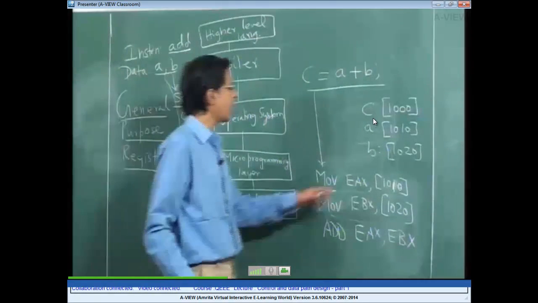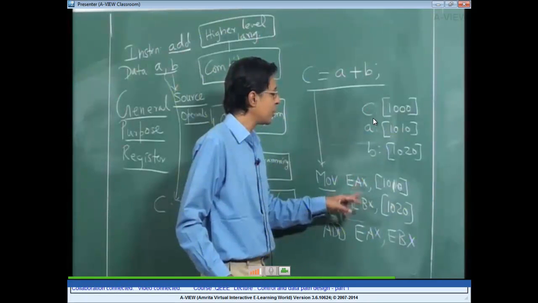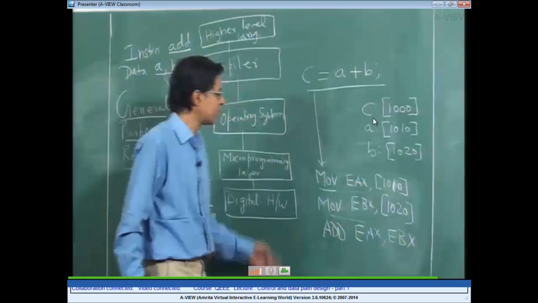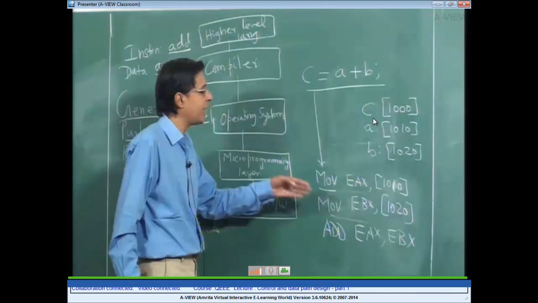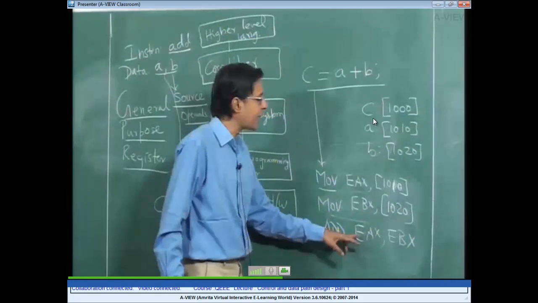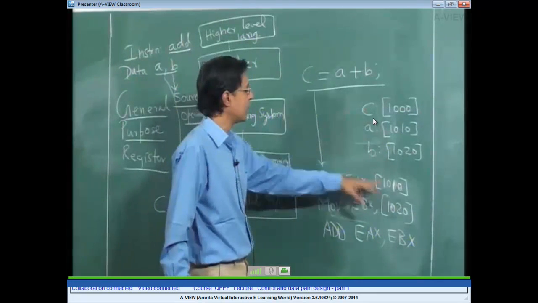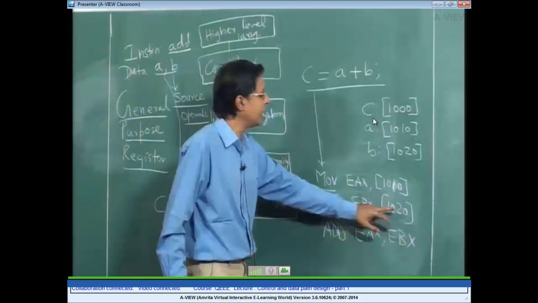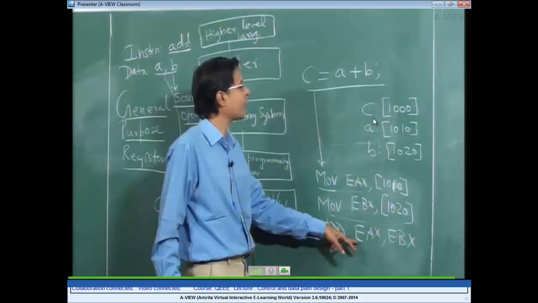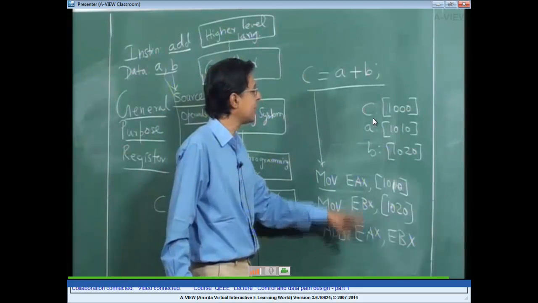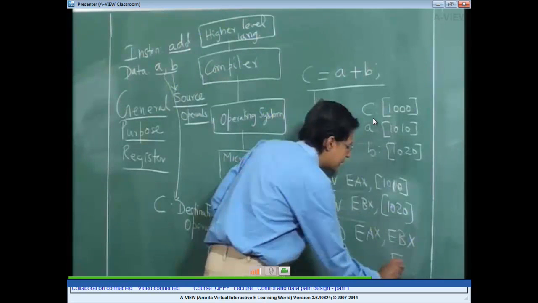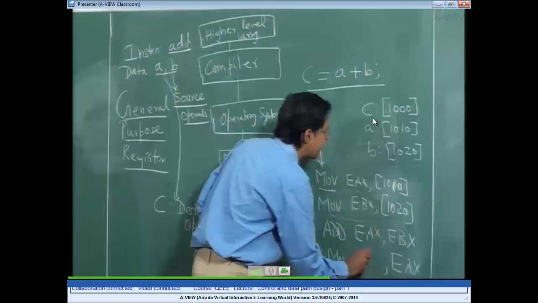That means the content of EAX will be added to EBX and the answer will be stored in EAX itself. So this is something like EAX is equal to EAX plus EBX. Now what is that answer EAX? That will be now C, because A is moved into EAX, B is moved to EBX, both of them are added and the result is stored back in EAX. So the answer is C. Now I have to move the value of C into 1000.